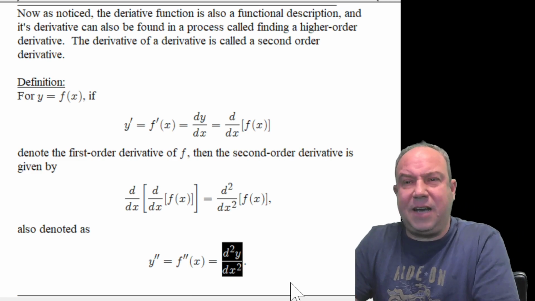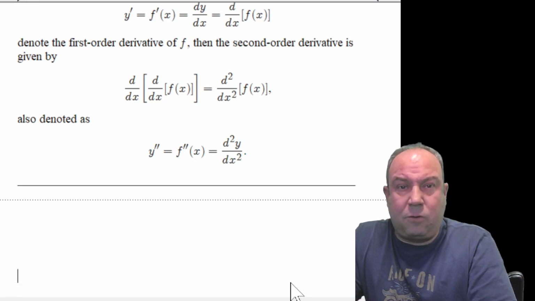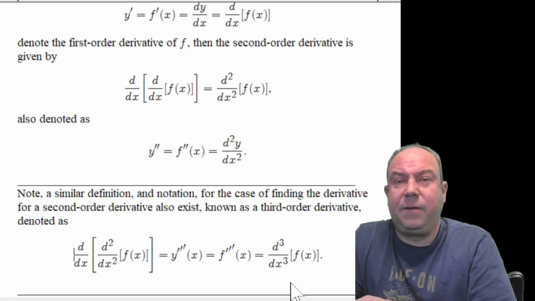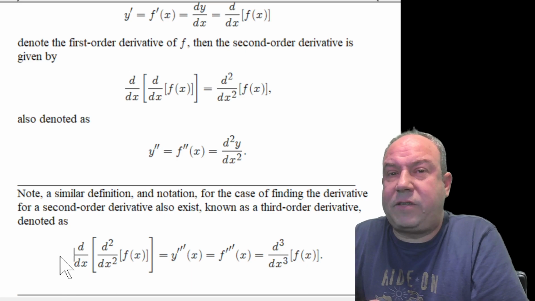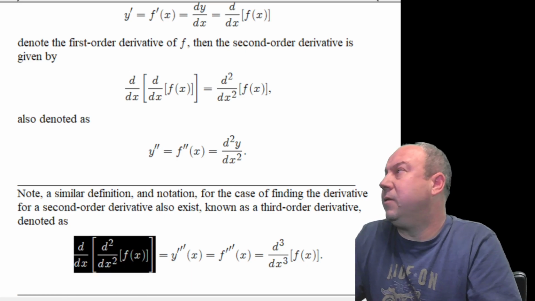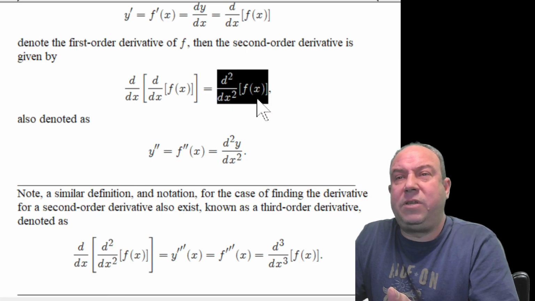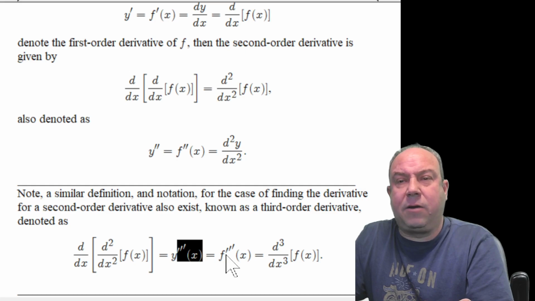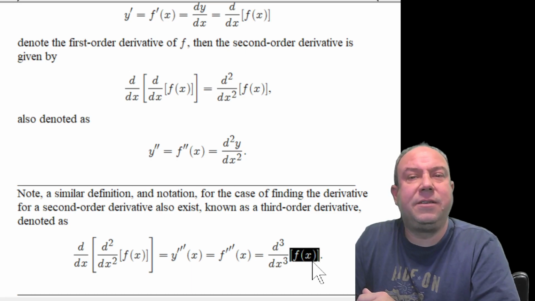And this idea does extend into similar notation for third order derivatives. For a third order derivative, it's like finding the derivative of a second order derivative. So it's like applying the operator again to what we see as a statement like this here, which is like finding a triple prime of y, or a triple prime of f, or the third derivative of our function f of x.